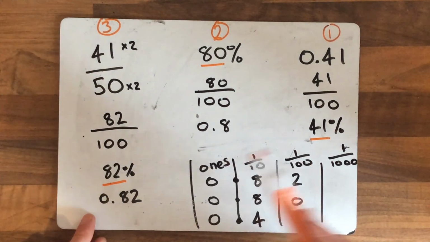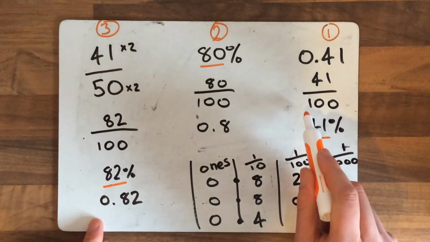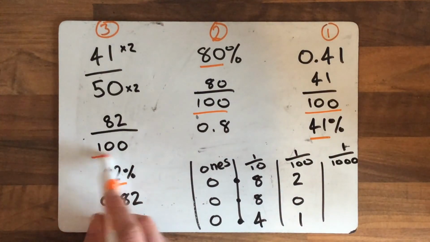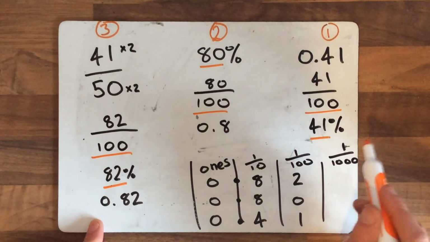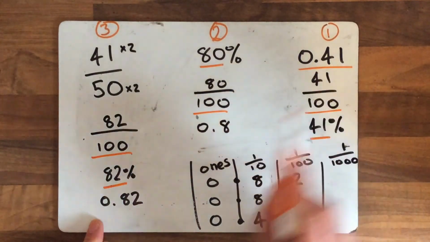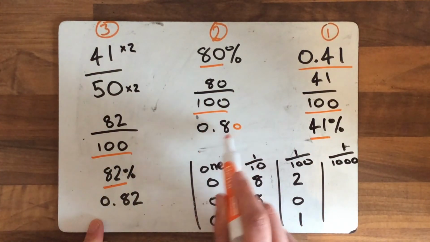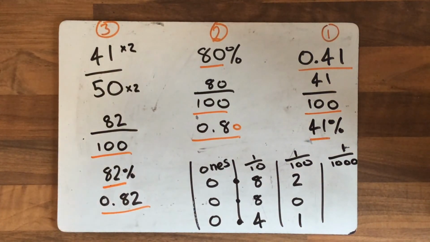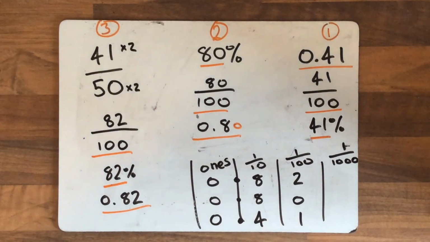And you can look again, if we were to look at the fractions now, 41 is smaller than 80, which is smaller than 82. And if we were to look at the decimals, 41 is smaller than 80, which is smaller than 0.82. So there are some questions for you to have a go at, Year 6, on Google Classroom.